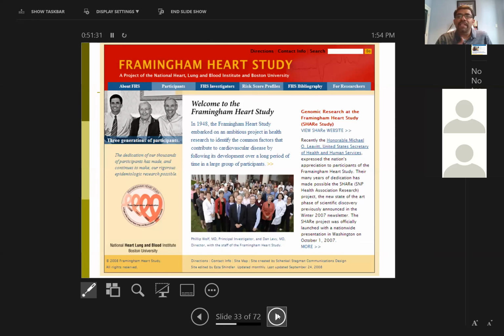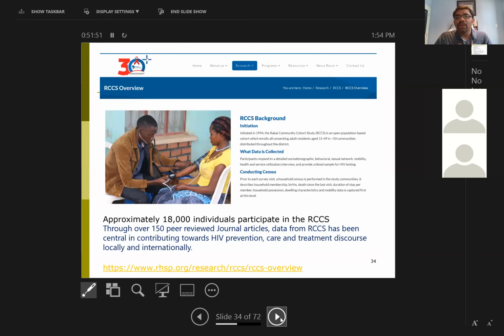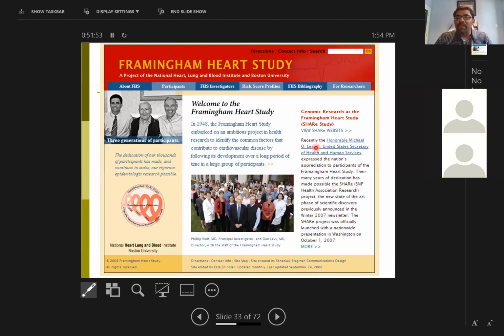And they said, we will screen all of you for your blood sugar, cholesterol, your diet, your physical activity, your body mass index, everything. Come to a clinic, we'll screen you all. And then we will just wait and see who ends up with heart disease, stroke, whatnot. They started off in 1948, and take a look, that cohort study is still happening today.